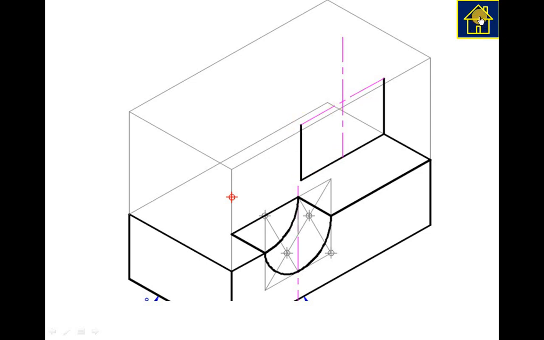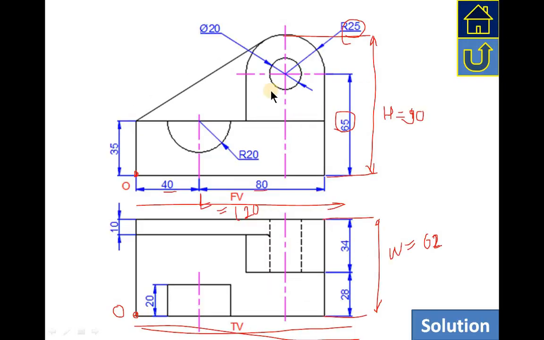So we'll go to our object once again. So see the dimensions here. This is the semicircular portion of say the radius 25. That means what, you will have this length is 50, right?